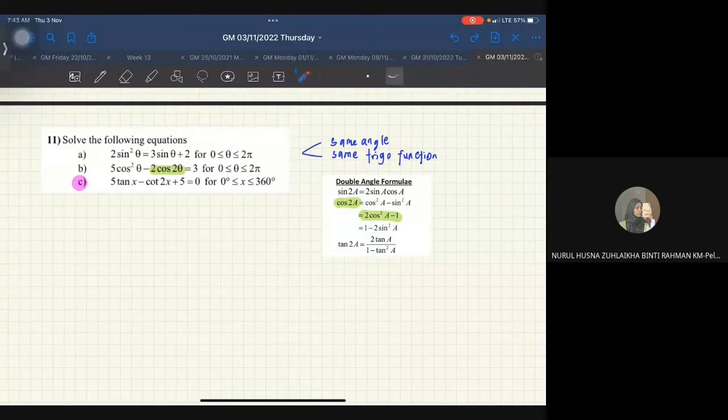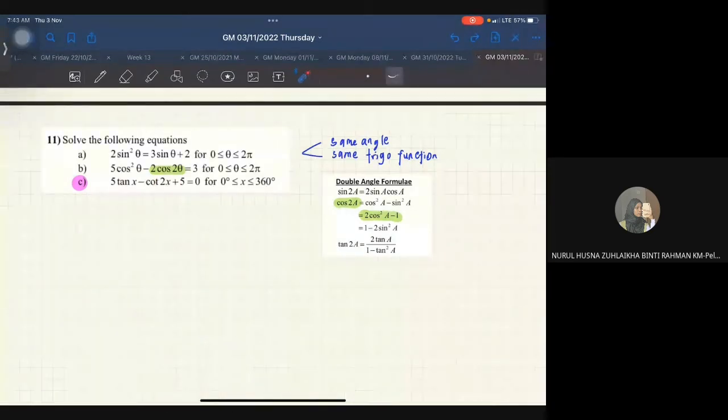So ni adalah tan x single. Dekat sini cot adalah 1/tan. So macam lebih kurang kan tan dengan tan. Tapi problem kita dekat sini adalah double angle. So again, I'm going to use double angle formula untuk tukarkan kita punya soalan sekarang ni.